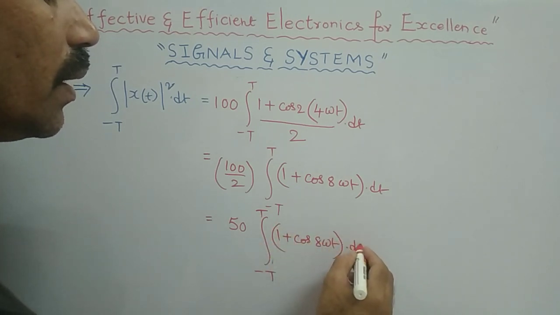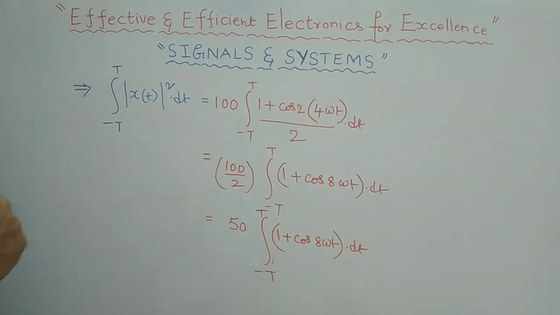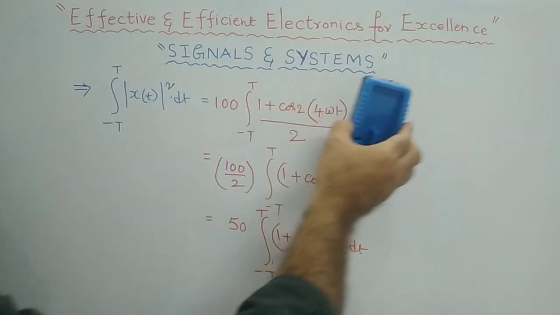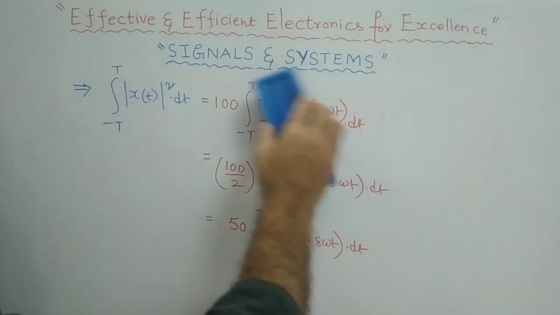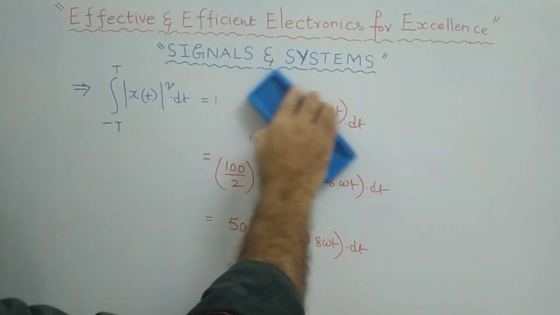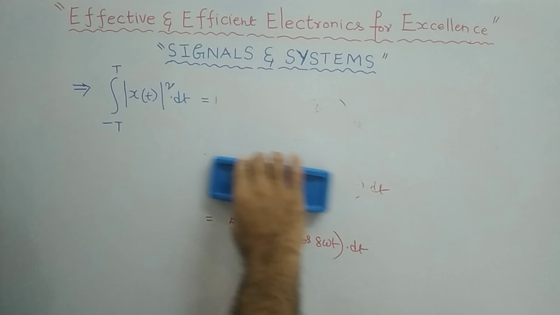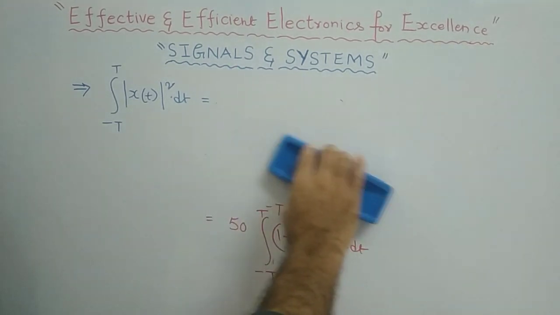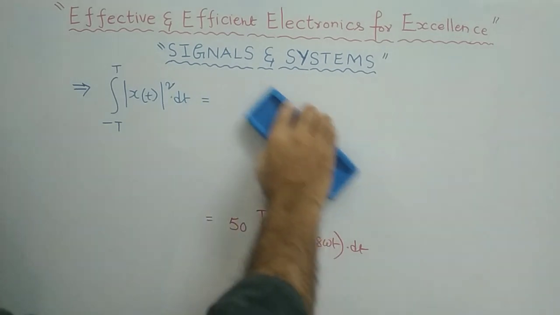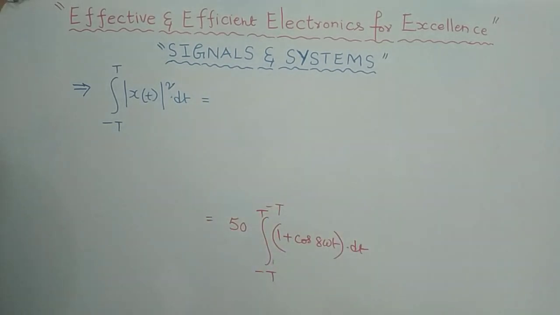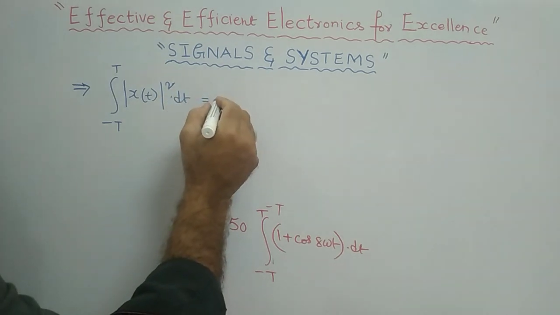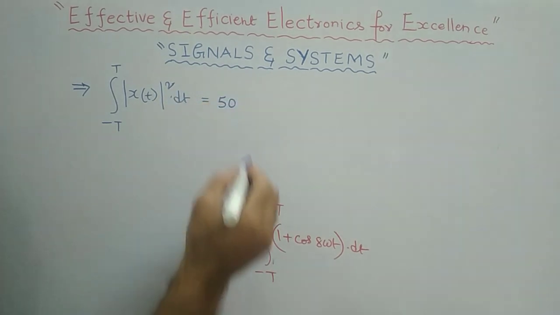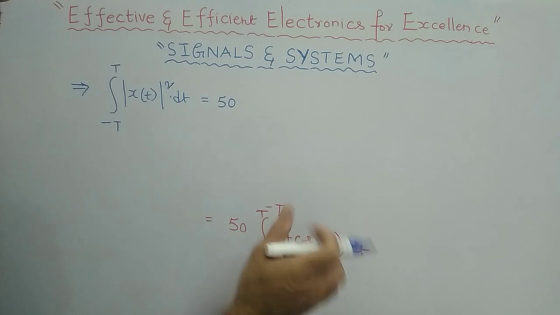And further you can expand like this. Okay, and in the next step how can you write actually? Right, so I will erase here and the next step will be like this. This is equal to 50. You just expand this term.